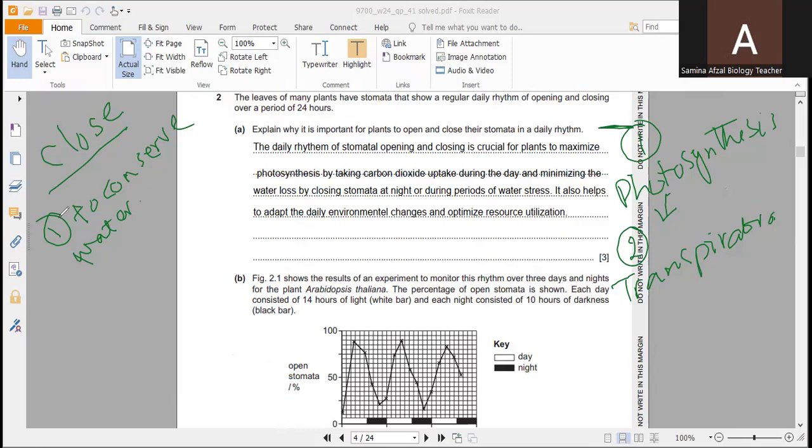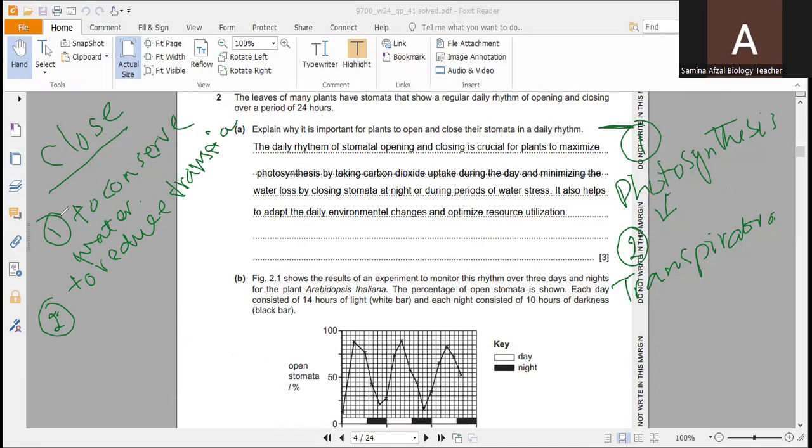In other words, we can say, to reduce transpiration, because this way water will be lost and plants will be dehydrated. So, to reduce the water loss. And secondly, to prevent desiccation.